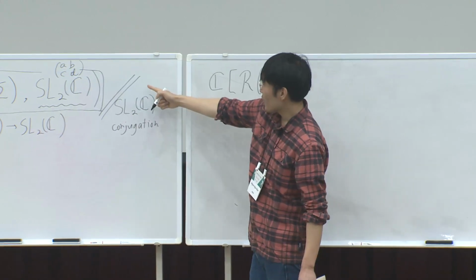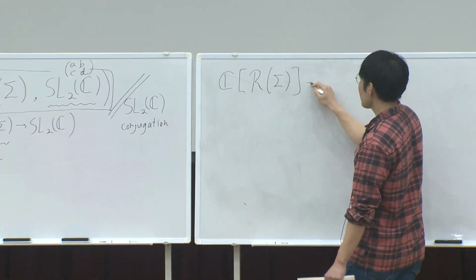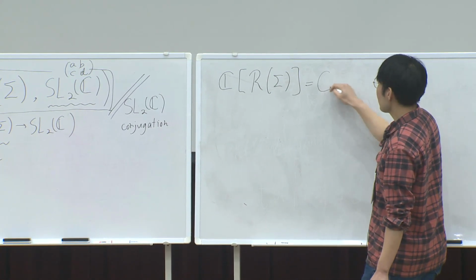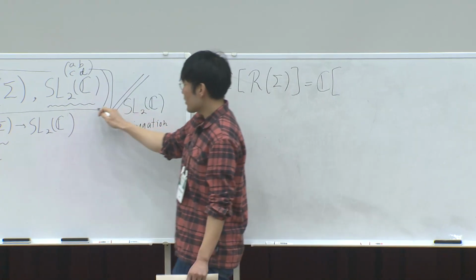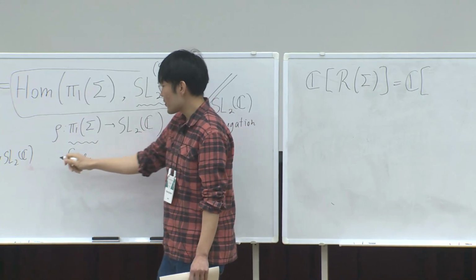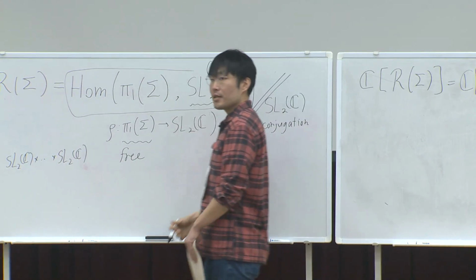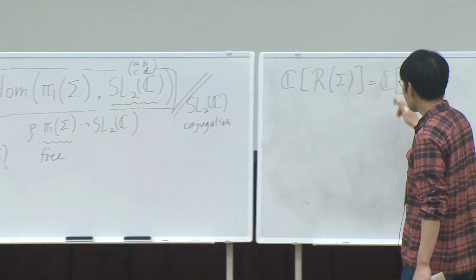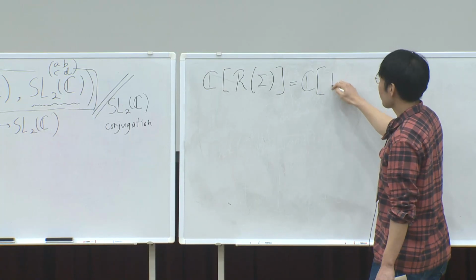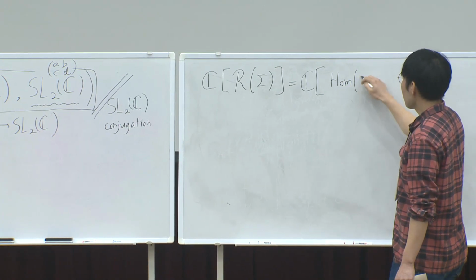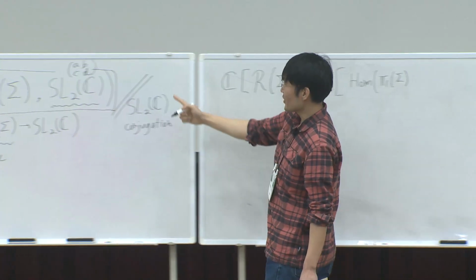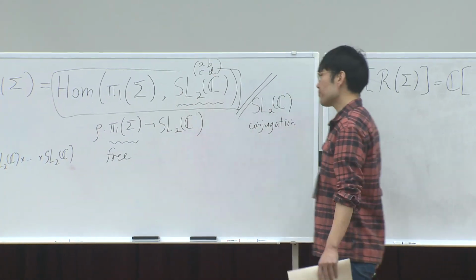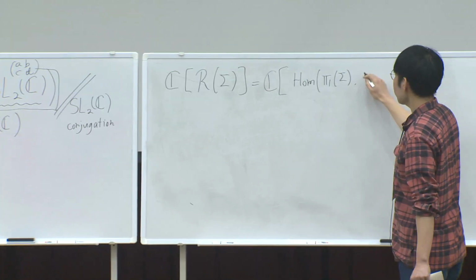And by this symbol, you can understand what's going on as follows. You first take this easier part, which is just a product of copies of SL2, and take the regular functions, meaning all the functions that look like polynomials in these coordinates. So it's easy to describe.